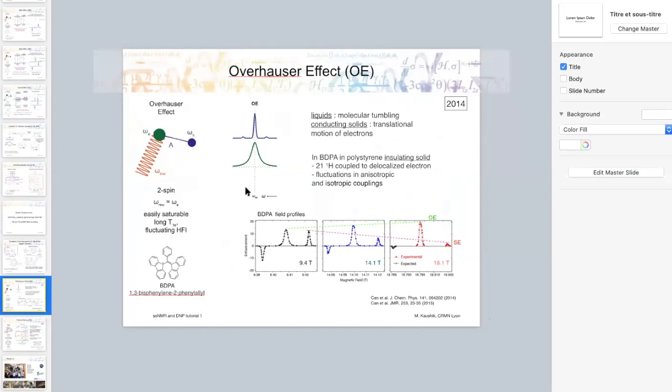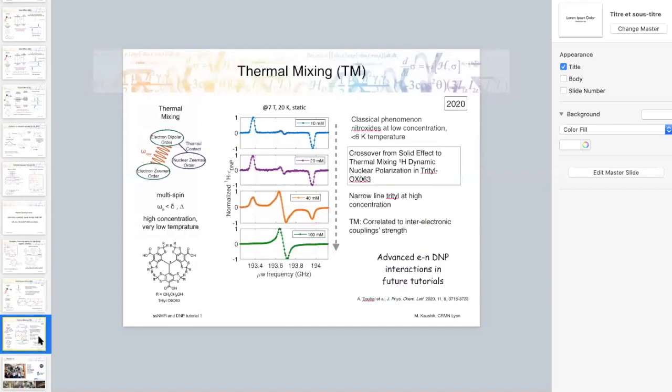If I'm still unmuted, how does the thermal mixing go with field? I don't know. It is very recent, so it's a very new phenomena for MAS DNP. Normally, we concern ourselves with the behavior of solid effect and cross effect at higher magnetic fields and how they developed.